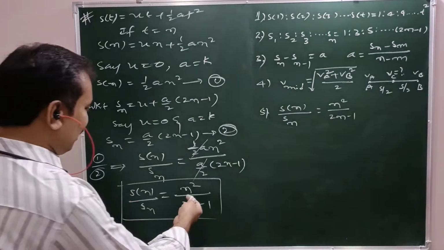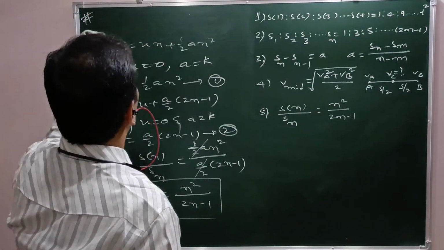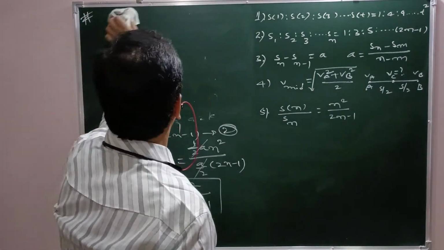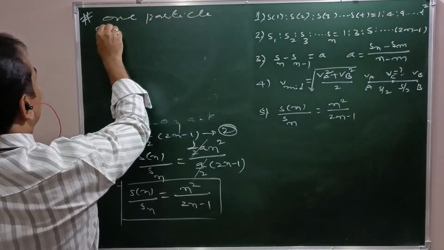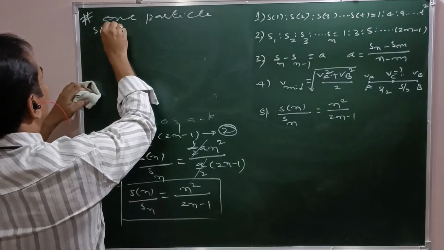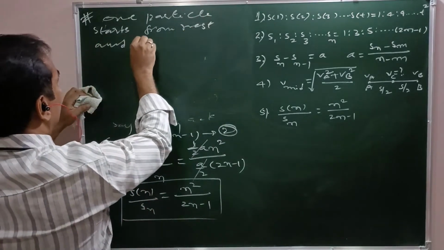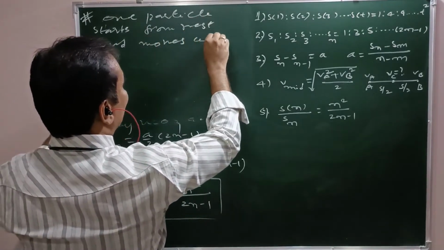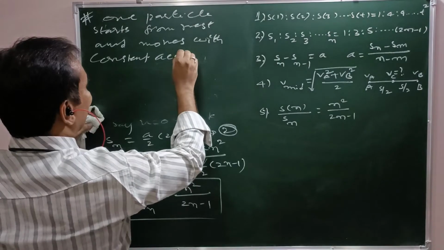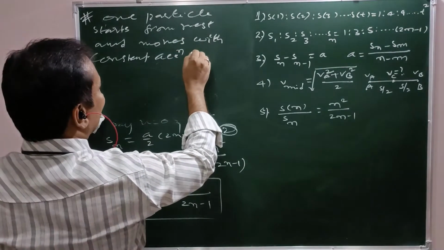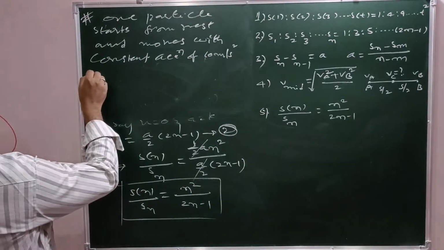Okay, now let us see one example based on this result. Suppose one particle starts from rest and moves with constant acceleration of 10 meters per second square. Right?